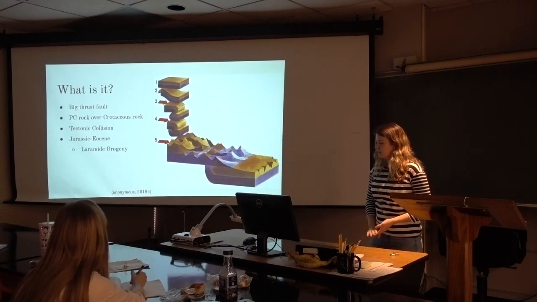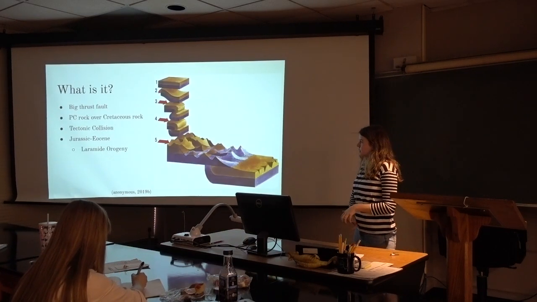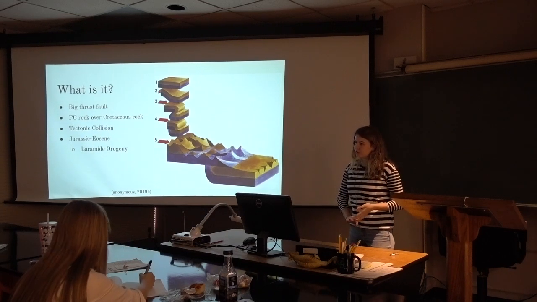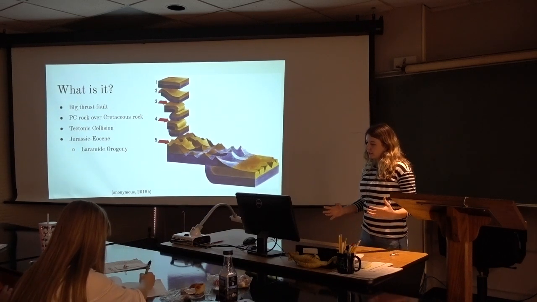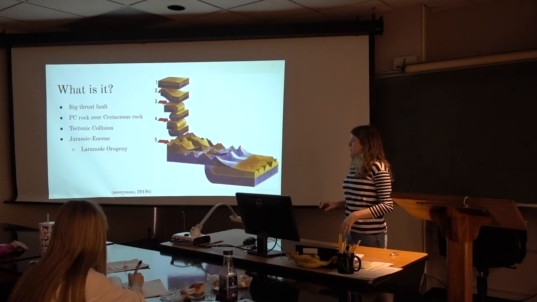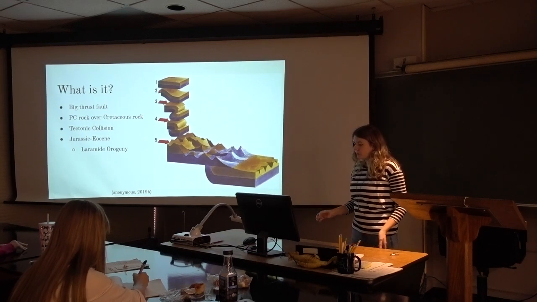So then what is the Lewis Thrust? The Lewis Overthrust is basically a huge thrust fault that takes up the entire northwest quadrant of Montana and part of Alberta.